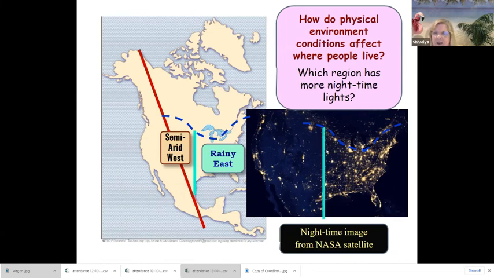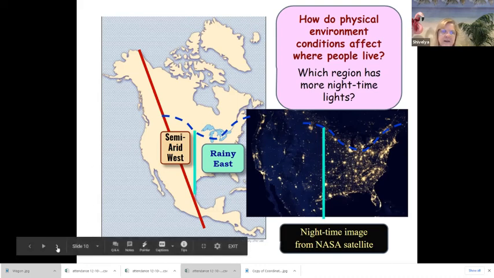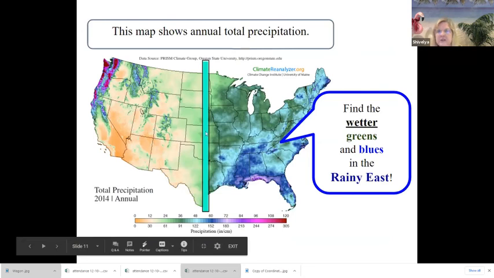You can see that this also indicates population, that most of our population centers, heavily populated areas, are in that rainy east. So the students start to build that correlation between the environment and where people live, and also what they do with it. There should be another line.